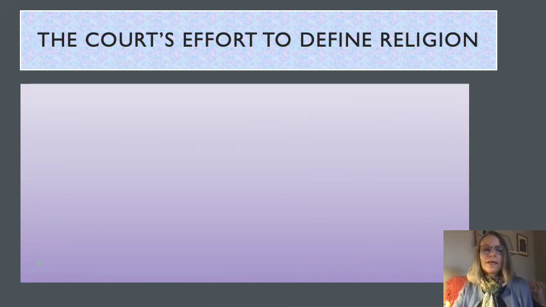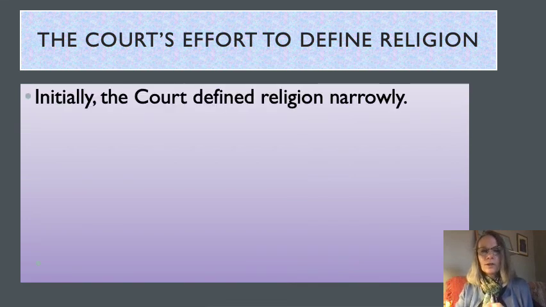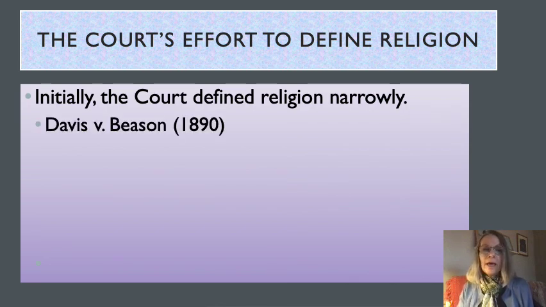So initially, the court defined religion really narrowly. And the first effort that the court makes to tackle this question of whether a practice deserves constitutional protection comes from the case Davis v.